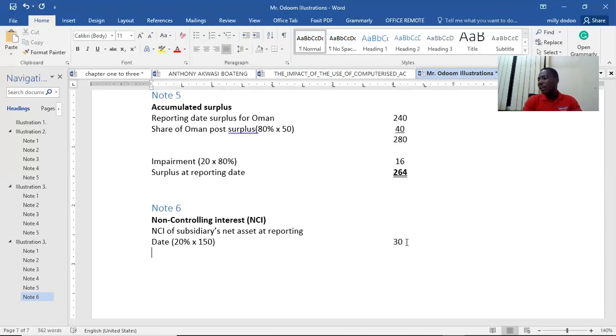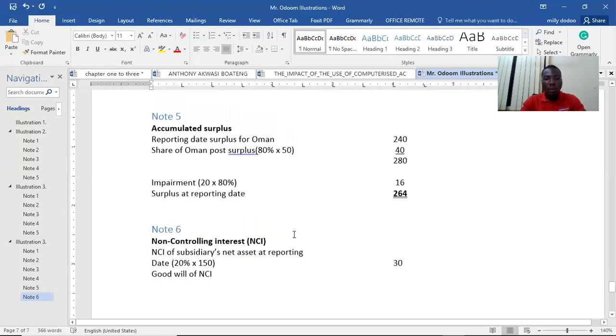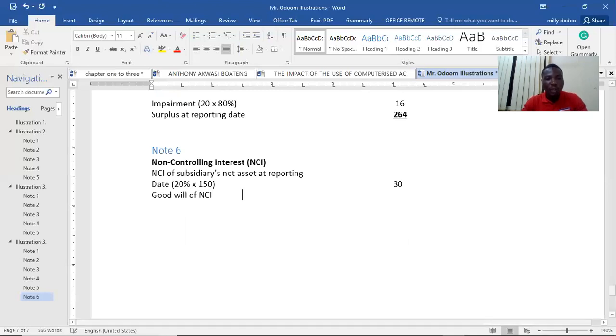Then you also find your goodwill. So you have goodwill of NCI, just like we added the goodwill to the holding company's own. NCI goodwill is how much? Is 5. And so therefore, total is going to be 35. But don't forget there was an impairment. And this impairment, 20% will be attributed to the NCI.